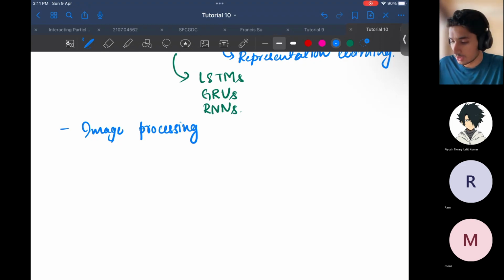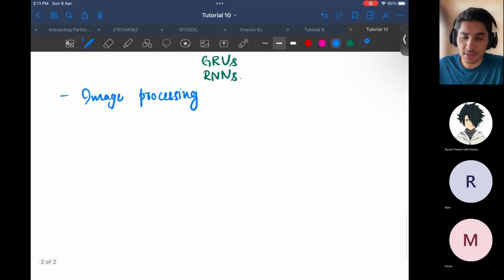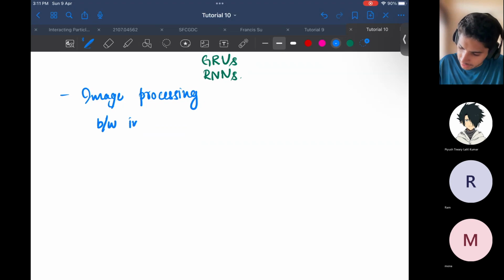To answer that, if you take a black and white image, a black and white image is just a matrix, which is let's say in R^(n×m).